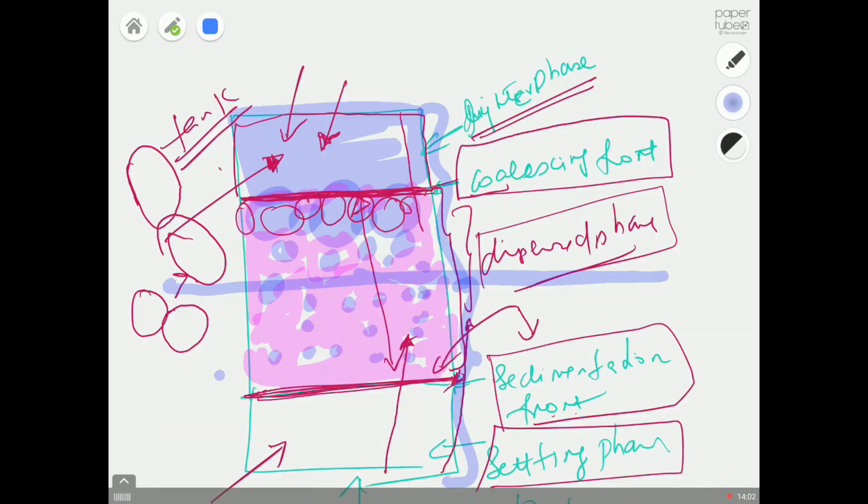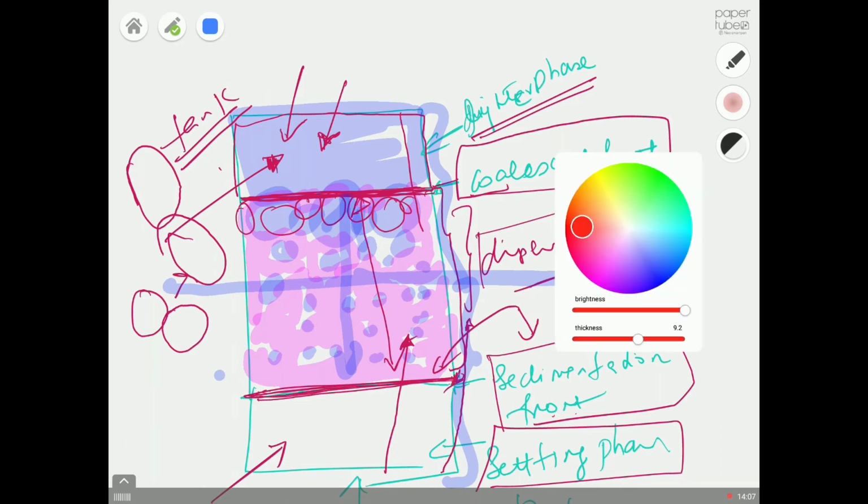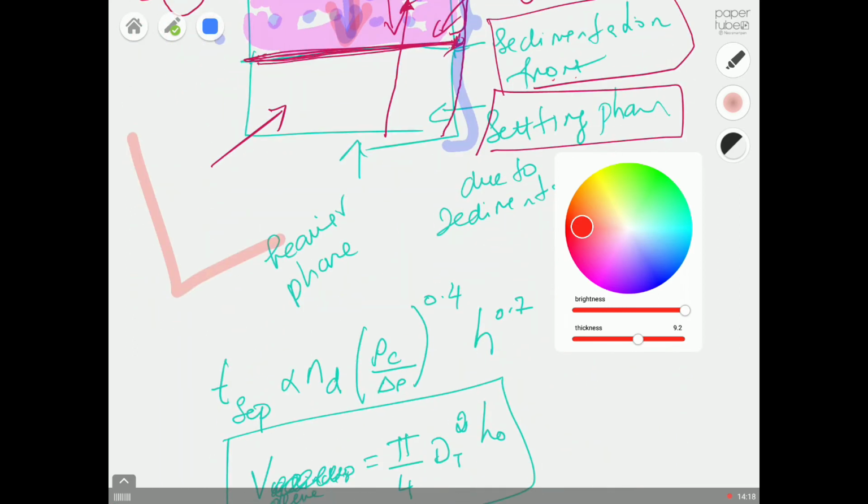So if you come back to this diagram, let's follow the red highlighter. This is the height we have. This height is going to decrease with respect to time, and then eventually it will come to a constant. This is your coalescing front, this is your sedimentation front.